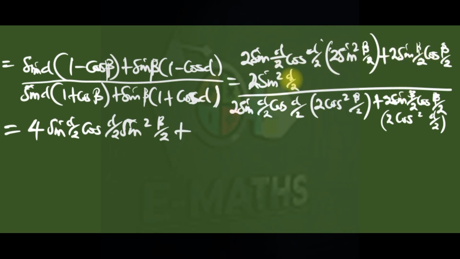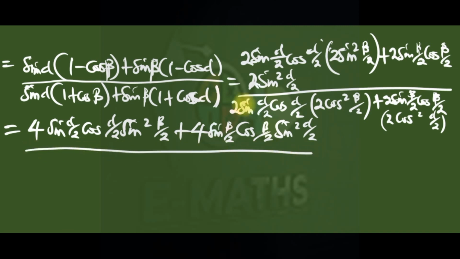Plus this times that, 2 times 2 is 4, so I still have sine beta over 2 cos beta over 2 sine squared alpha over 2. So that's the numerator.